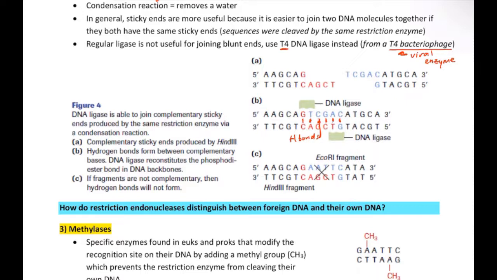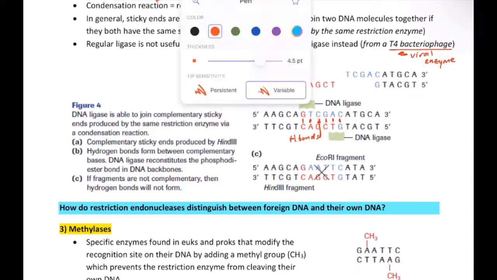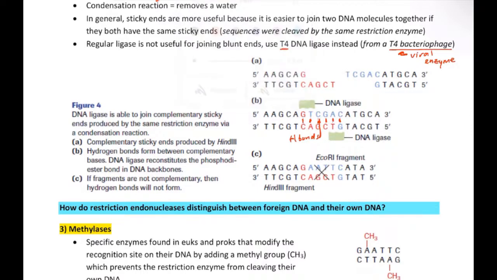And it's the phosphodiester bonds that we're sealing up. And of course, that's happening on both strands, at the exact point that the restriction endonuclease would have cut.